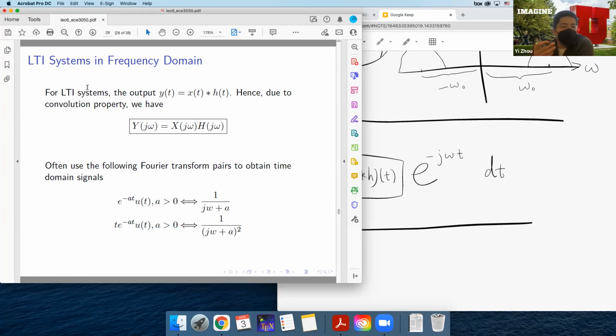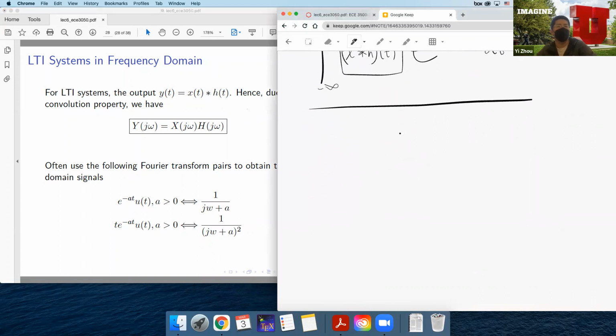Therefore, we can apply this property to analyze LTI systems, because we know for LTI systems, the output is given by the convolution between the input and the impulse response of the system. Now, this is the time domain system equation. So we can take Fourier transform on both sides.